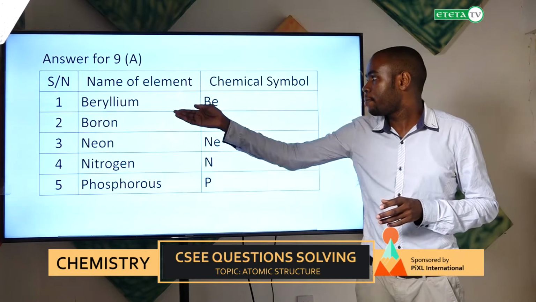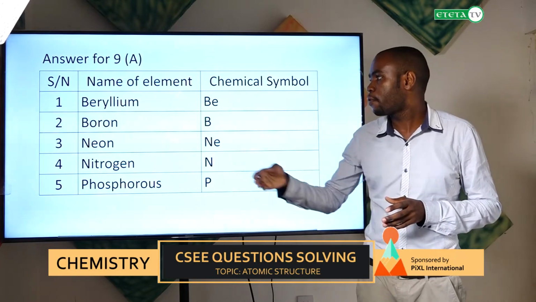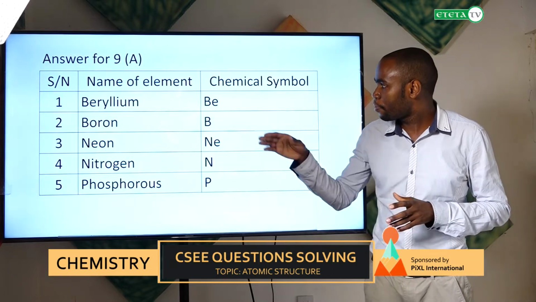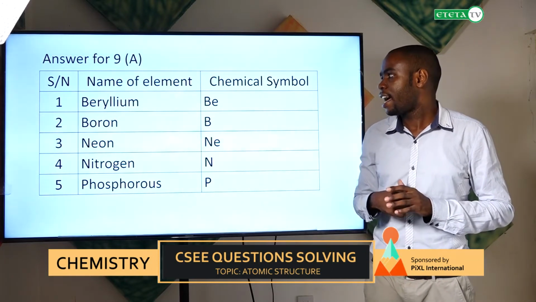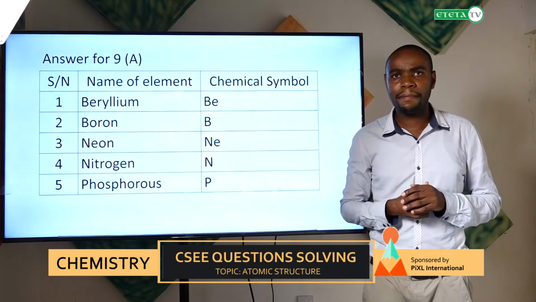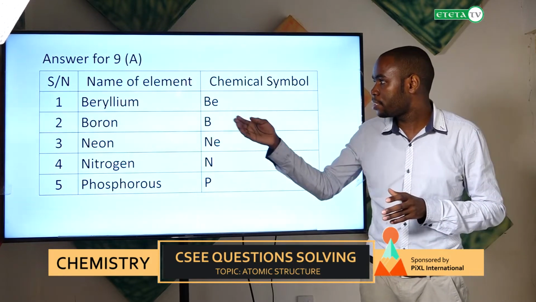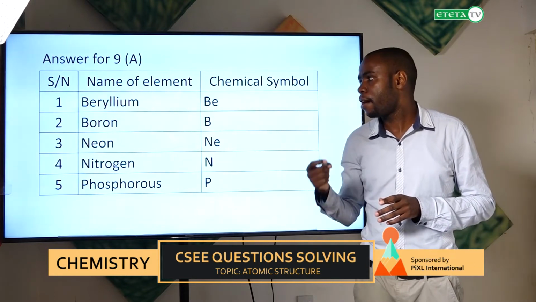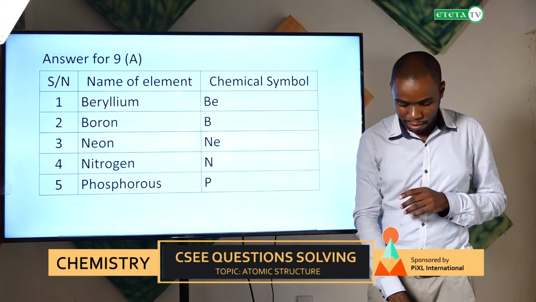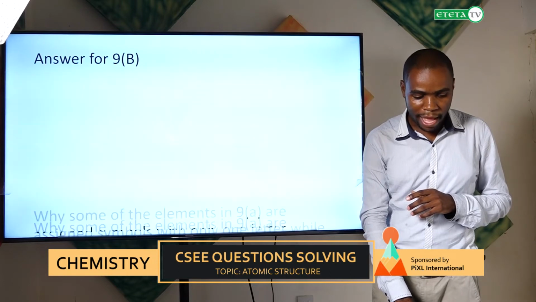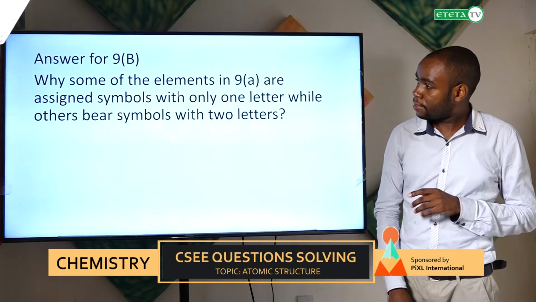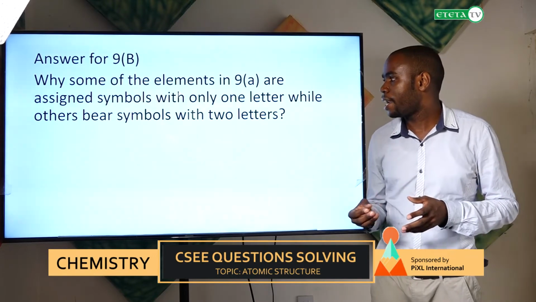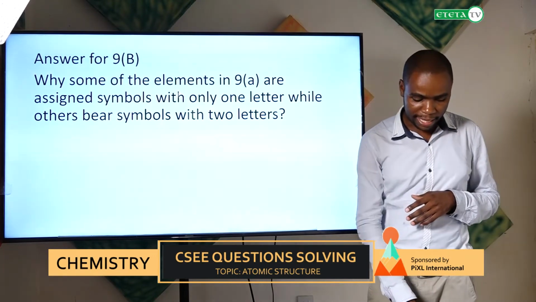The symbol for beryllium is Be, and the symbol for boron is B. If you gave both of them only the first letter, they would have the same symbol. So in order to distinguish them, beryllium bears 2 letters while boron bears only 1 letter. This is the reason why some symbols bear one letter while others bear two letters.